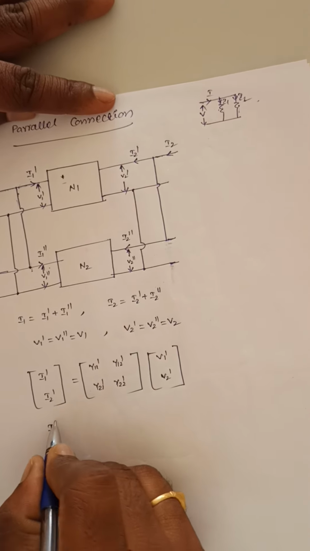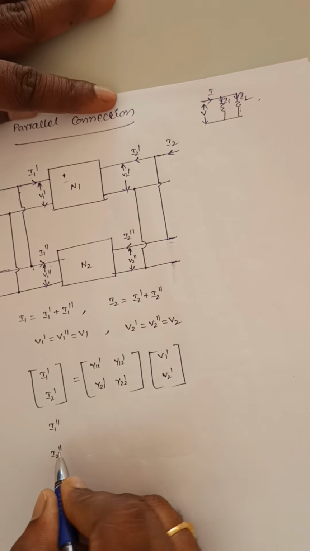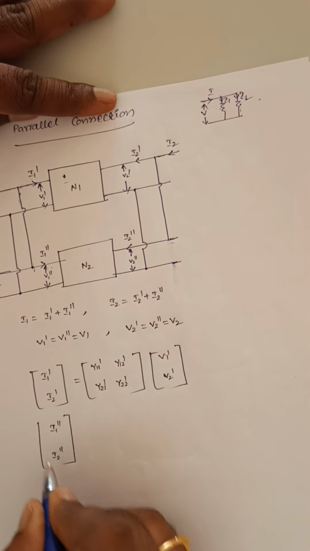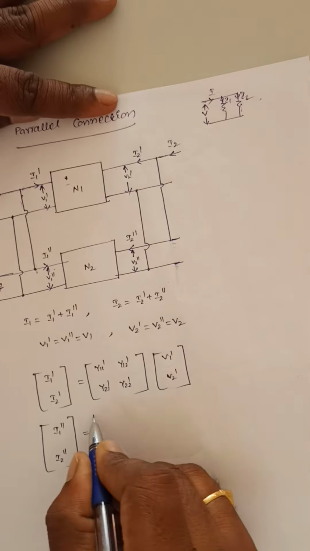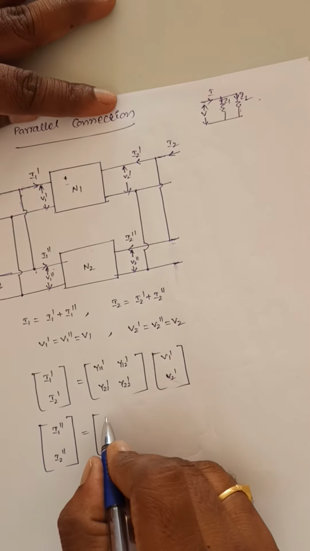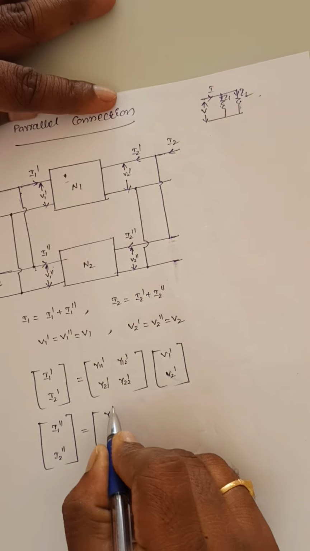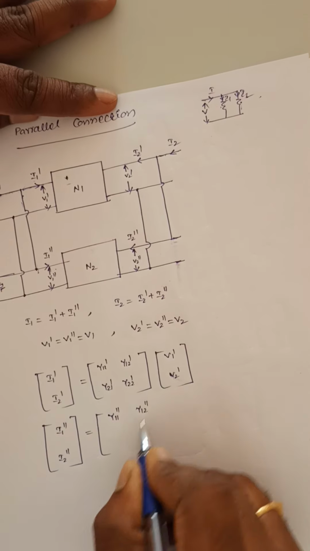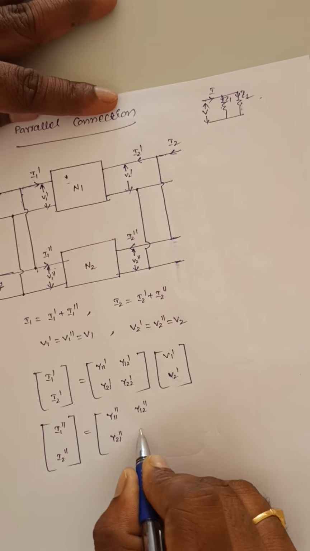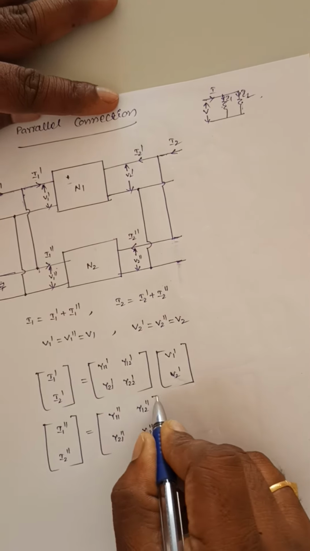Similarly, I1 double dash, I2 double dash, that is equal to, for this network N2, the Y parameters Y11 double dash, Y12 double dash, Y21 double dash, Y22 double dash.